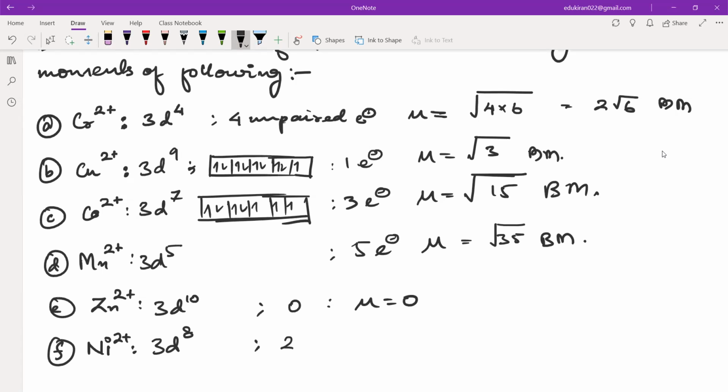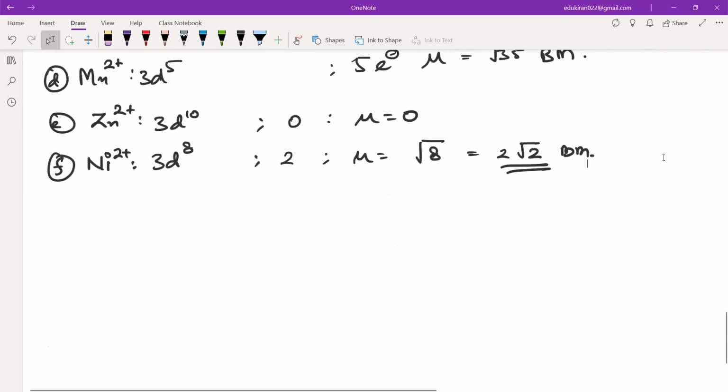There you fill the electrons. 2 electrons, and mu is equal to root of 2 into 2 plus 2, 4, so 2 into 4, root 8. Root 8 is equal to 2 root 2, if I am correct. Yes, 2 root 2 Bohr magneton.